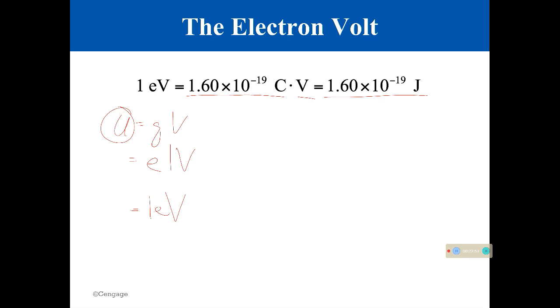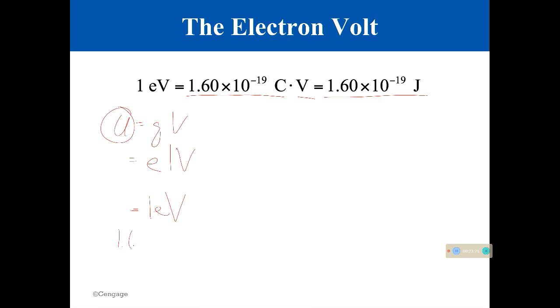All that is equating a very small amount of energy, because we're going to be dealing with electrons at times. So I could say, for example, instead of saying a ridiculously tiny number, like, how much energy does this electron gain by going through 10 volts?